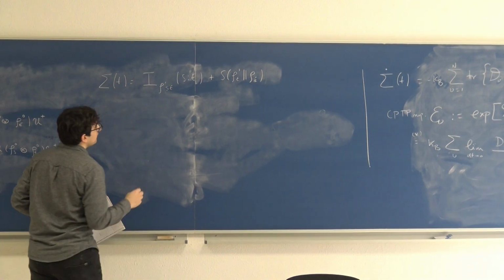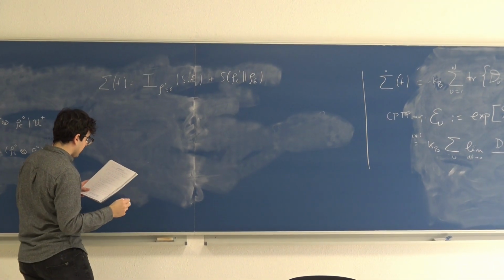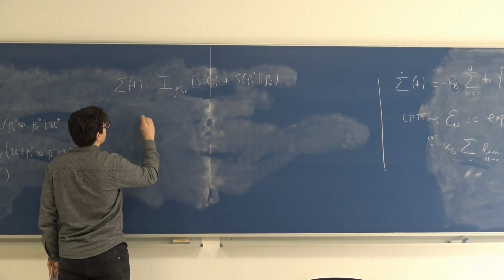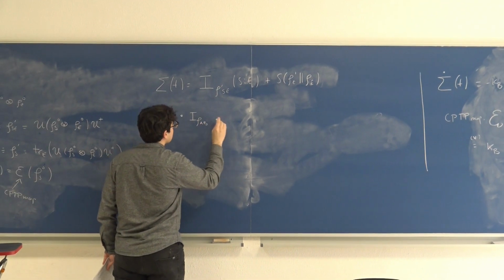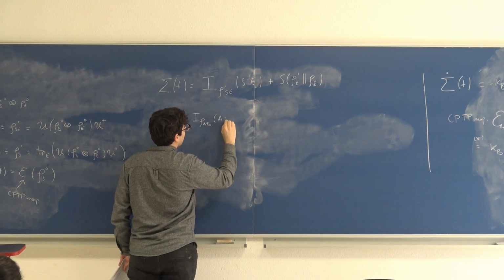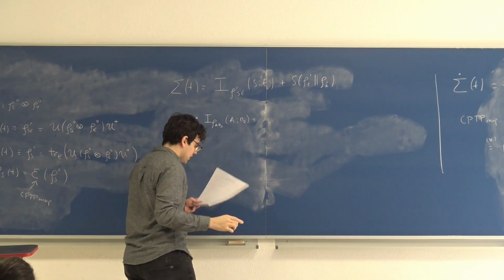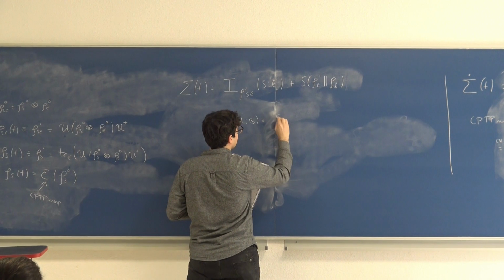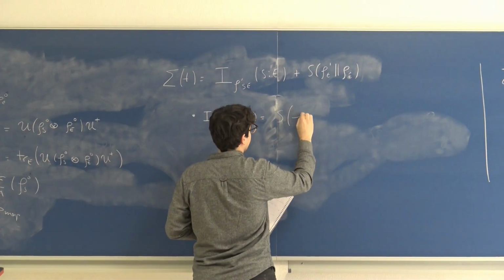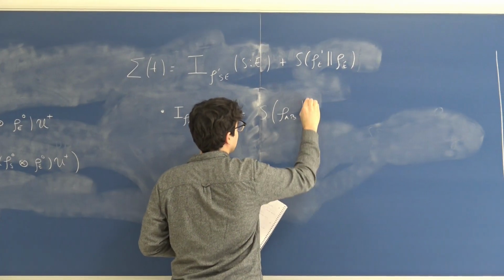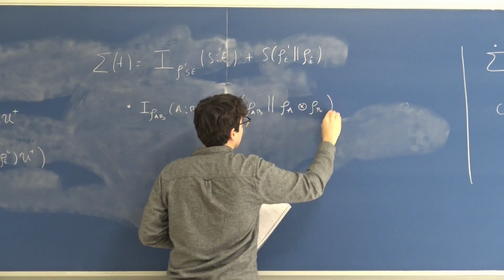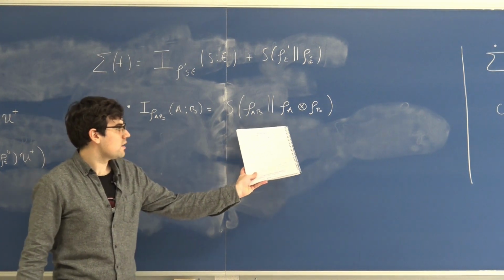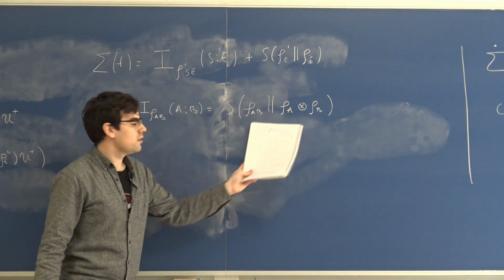Both of these quantities have a very precise mathematical definition. The first one, this mutual information between two subsystems, is simply the relative entropy of rho AB, the joint state, and the state if they were separated in this way, right?